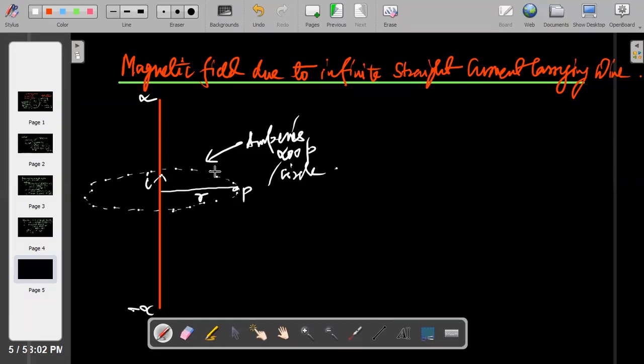Now we need to form the Ampere's circle over here. Now, if you see this circle from the top view, means from the top, you just peeping, you just seeing this circle. So what you can see, right? You form this type of circle, like the radius is r.